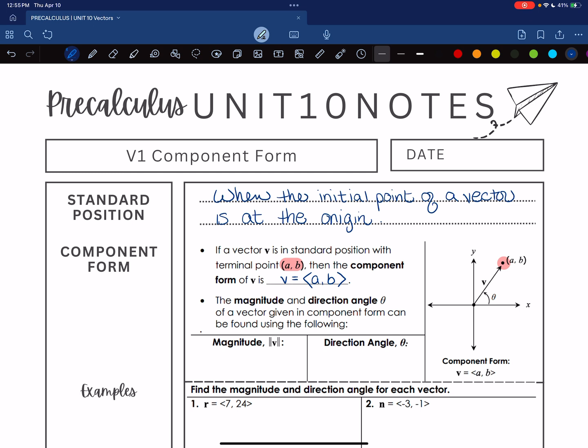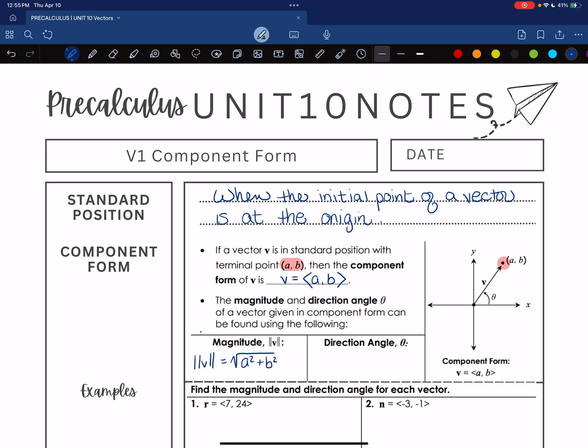Now the magnitude and the direction of this angle, that's an angle in standard position, right? The magnitude and the direction of that angle, when it's given in component form, can be found using the following formulas. The magnitude of that vector in standard position is going to be the square root of a squared plus b squared.